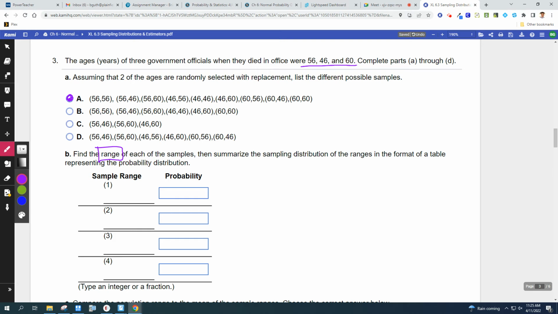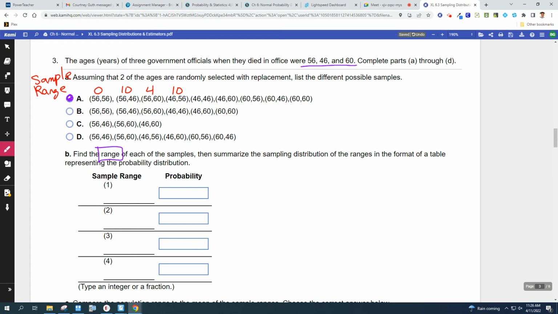So if you think about range, when we're talking about sample, range is just big number minus small number, how far apart they are. This range is 0. This range is 10. This range is 4, 10. All I'm doing is subtracting the numbers.